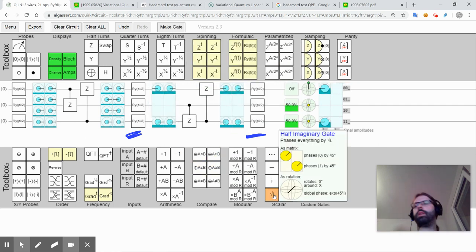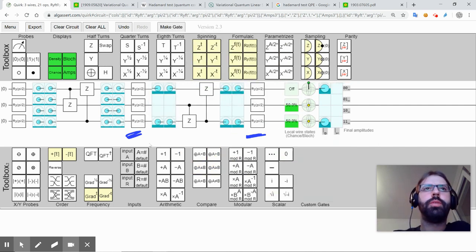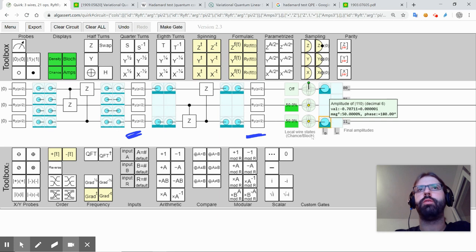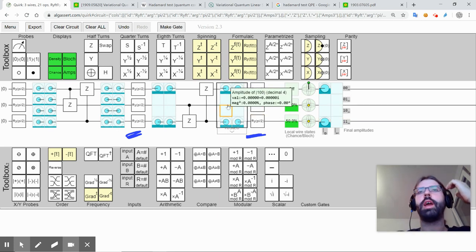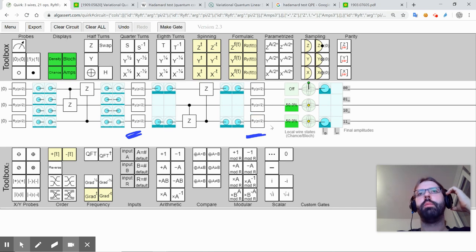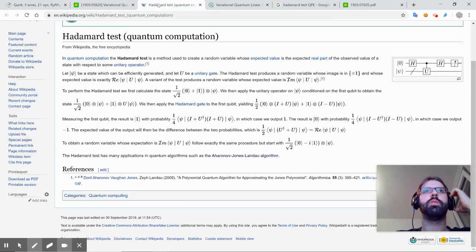All fine. I don't think there's anything really crazy interesting for us to figure out exploring this. What I'm interested to see is what can I find with a Hadamard test by just doing the Hadamard test the way that is explained in here.